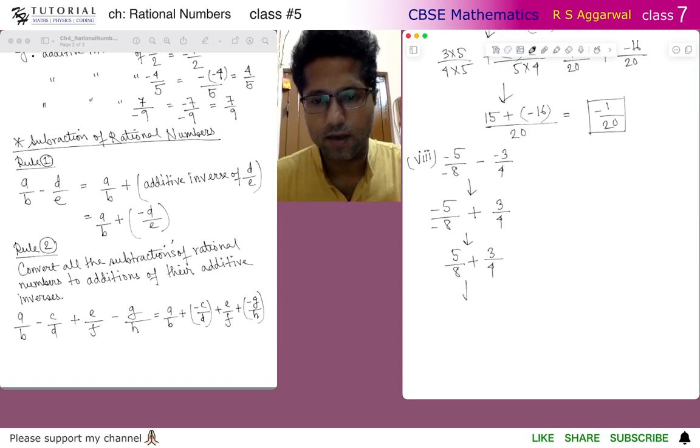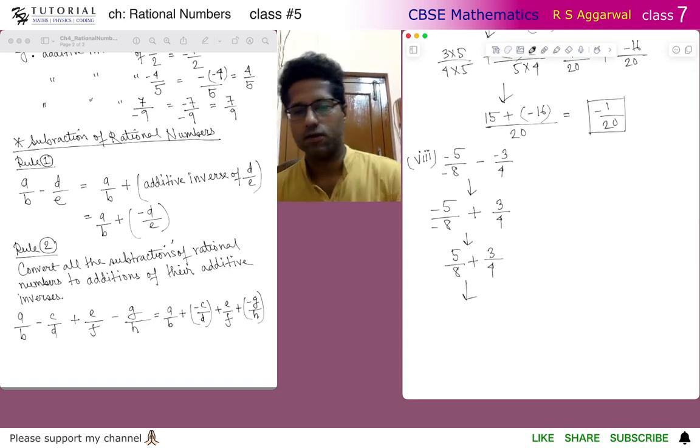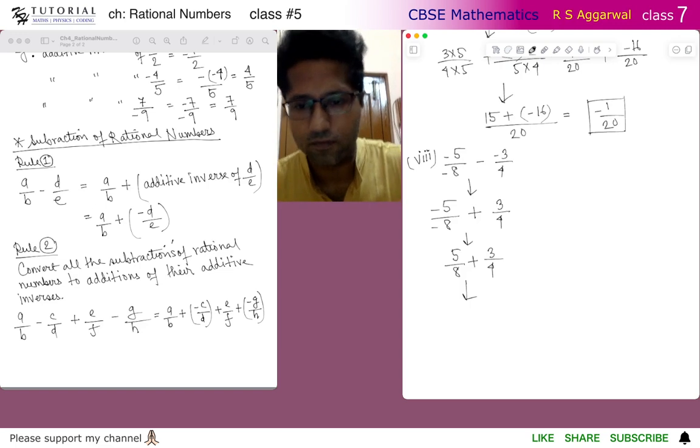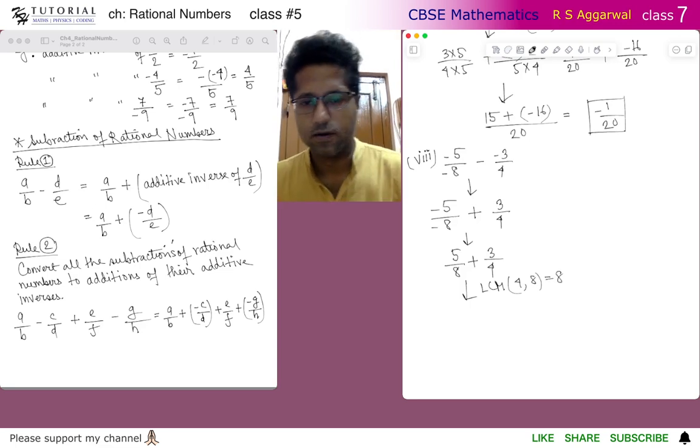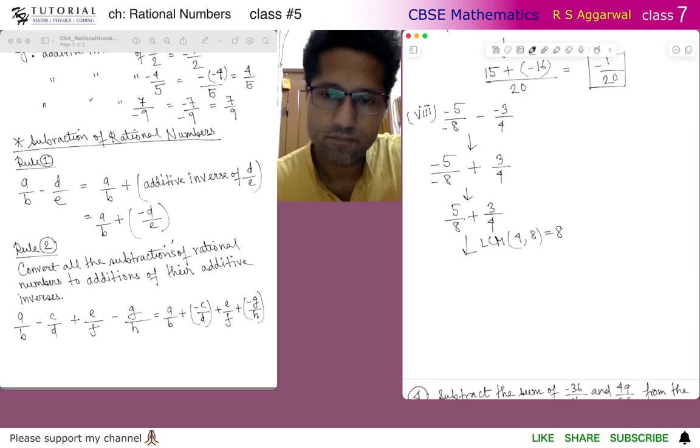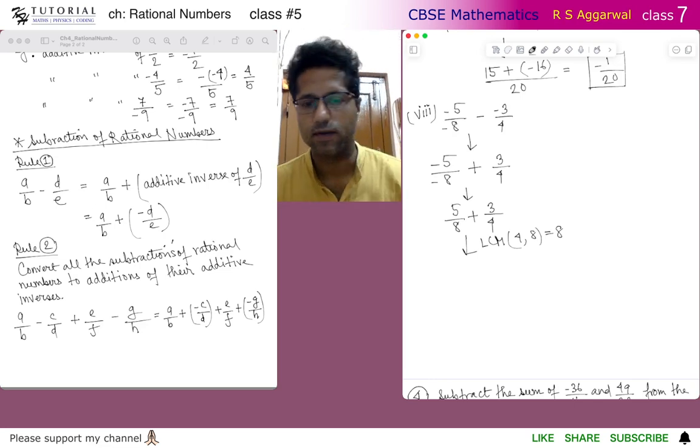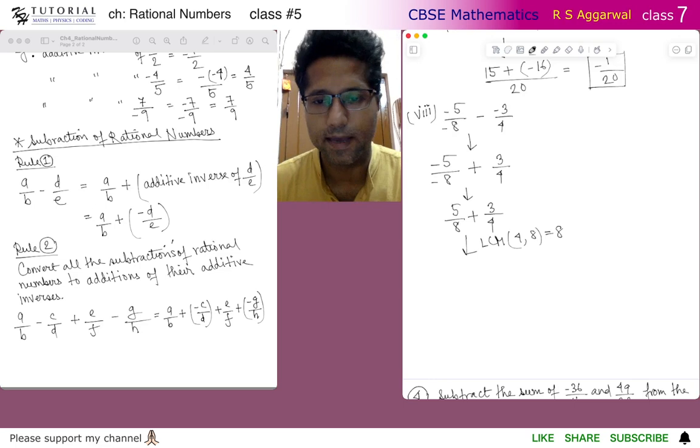So now we have positive denominators, but the denominators are different, so we have to find the LCM of the denominators, that is LCM of 4 and 8, which is 8, and convert the rational numbers to the equivalent form so that they have a common denominator of 8. So this becomes 5 by 8 plus 3 into 2 divided by 4 into 2.